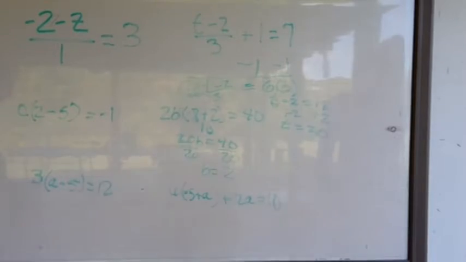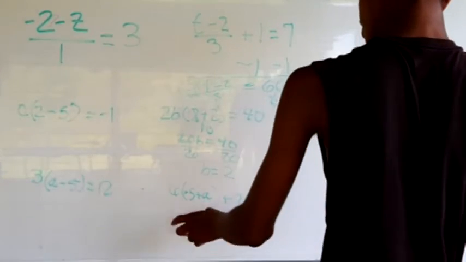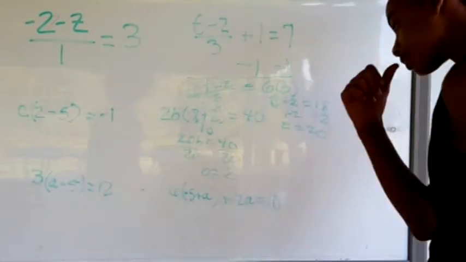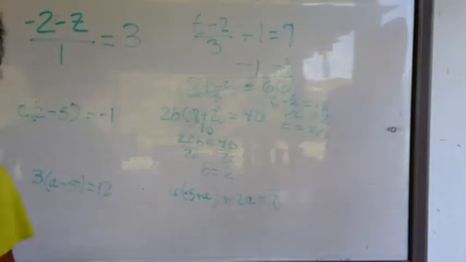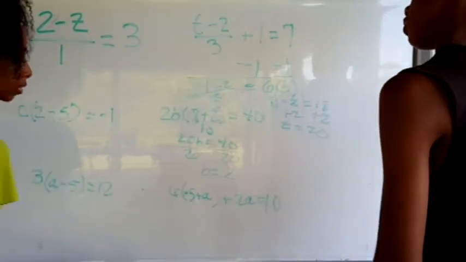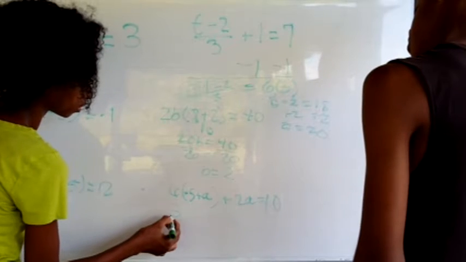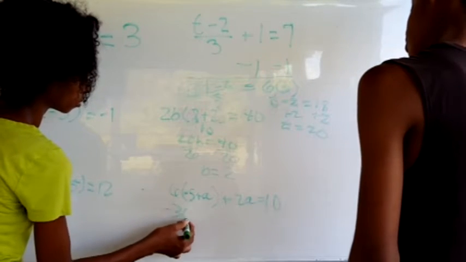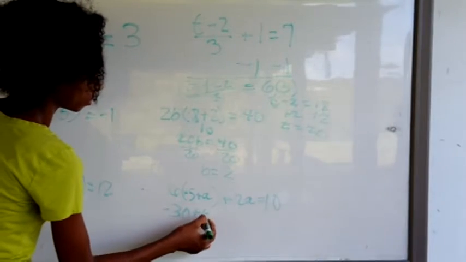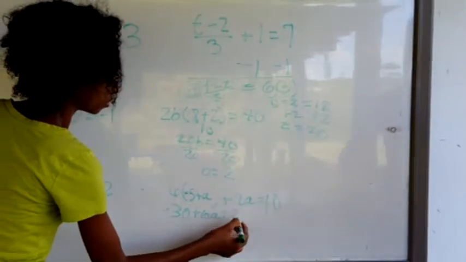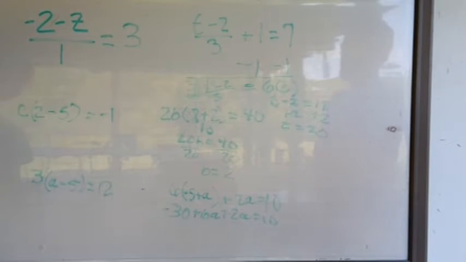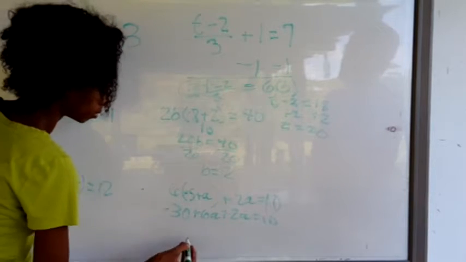6 times negative 5 plus a, plus 2a equals 10. Go ahead and do the distributive property, which would be negative 30, and then 6 times a equals 6a. Now combine like terms, 6a and 2a, which are both positive.